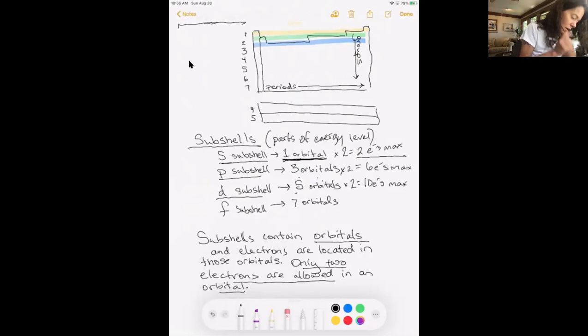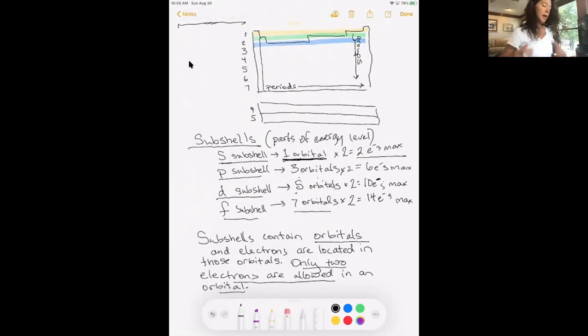And lastly, for the F subshell, which has 7 orbitals, 7 regions in space around the nucleus where electrons can be found, we can have a maximum of 14 electrons, right? That's an e negative, and then an s because it's plural. So this is just an abbreviation for electrons, okay?